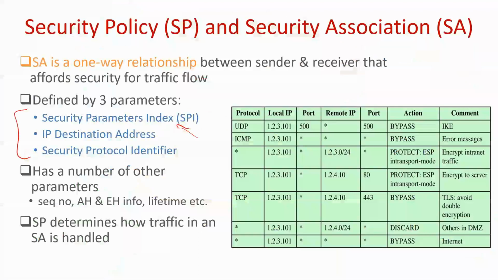After the security association, you will have a security policy database, and it is similar to the one that you see on the table on the right. Basically, this security policy database, or SPD, tells you how to handle each packet.